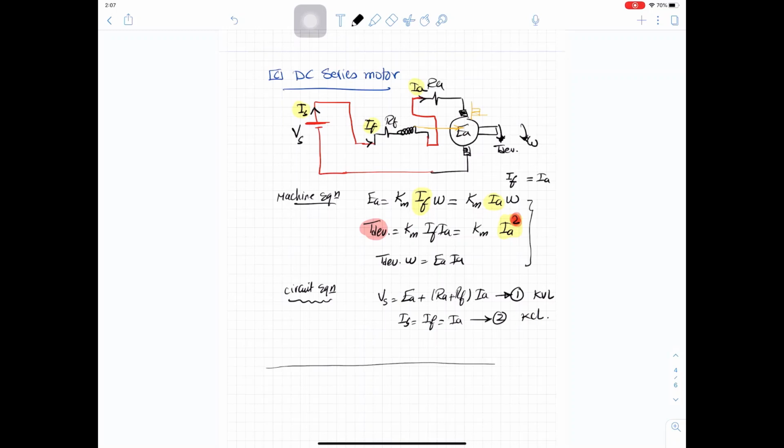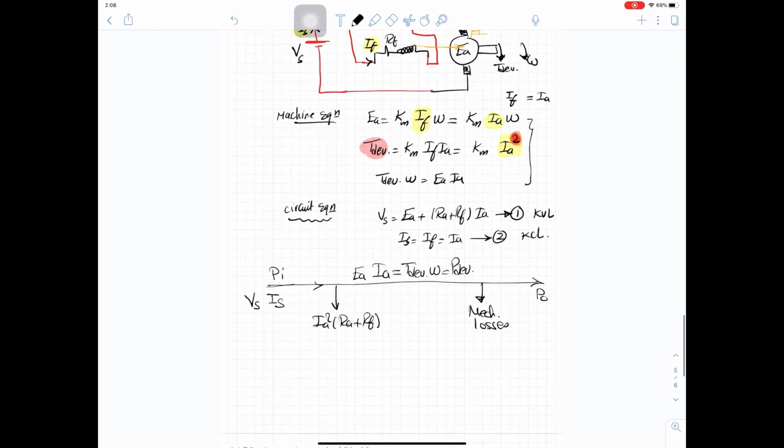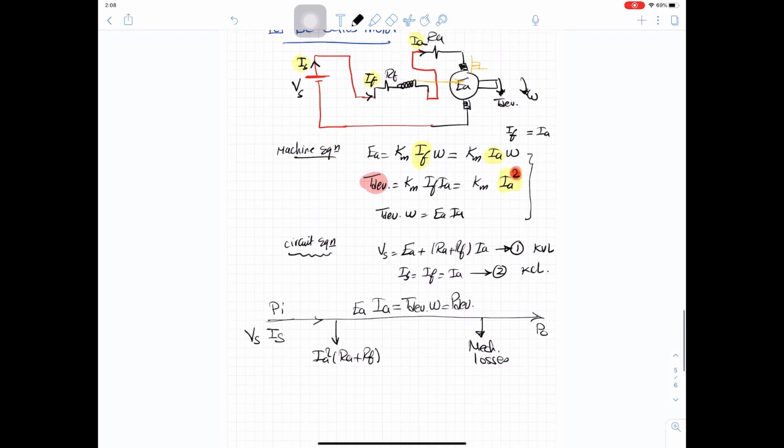And if we sketch the power flow diagram, the input power is V source I source. This is Pin. Then we lose IA square RA plus RF. The remaining power is the power going to EA, so it's EA IA, which is T developed omega, or P developed, the developed power. Then we lose some mechanical losses, and then we have our P output net, or net output power.